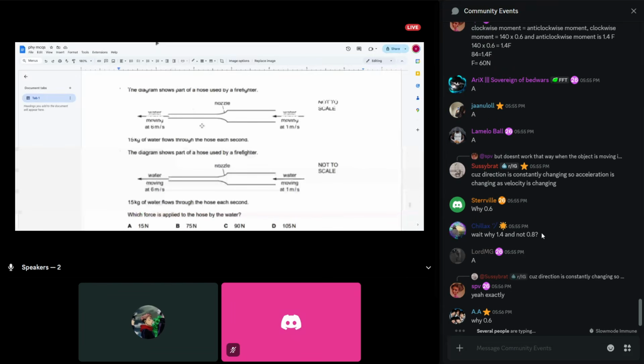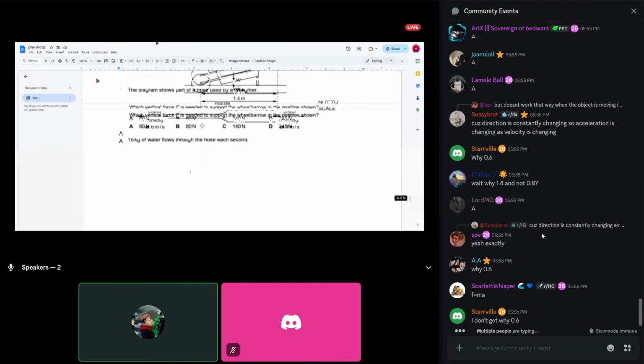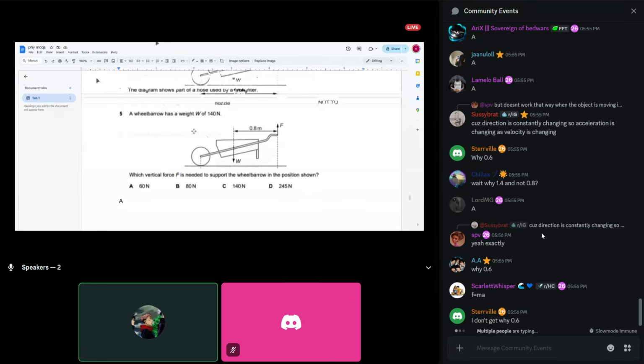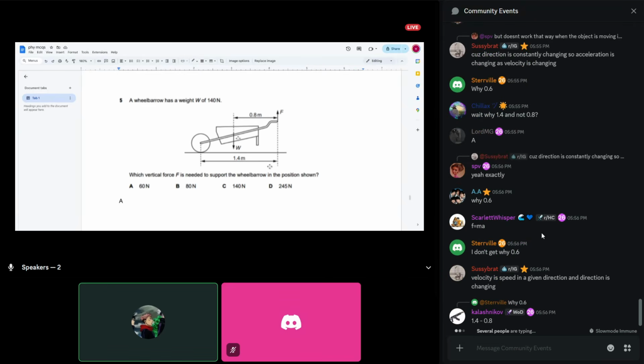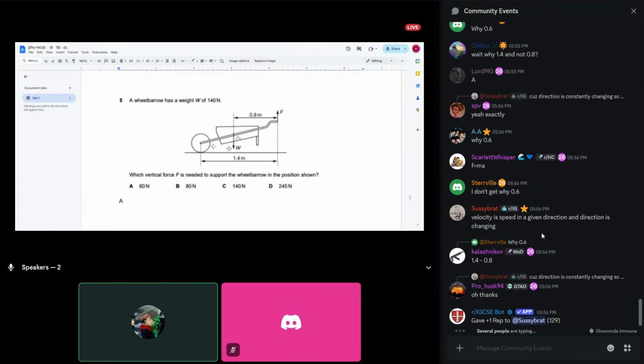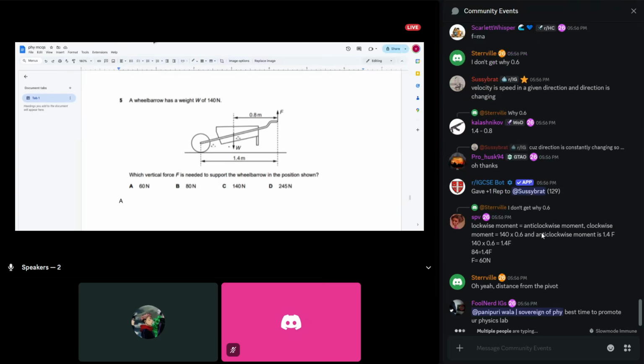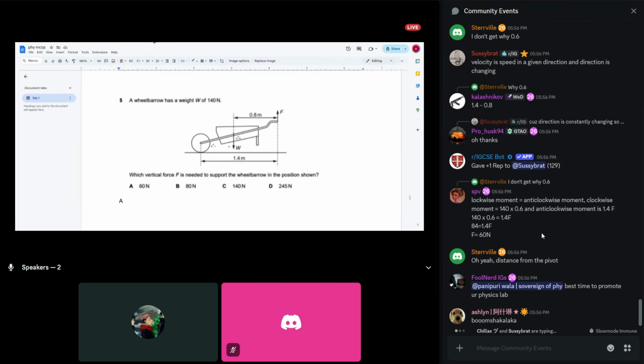Like I said, the pivot is the wheel, not over here. So 1.4 minus 0.8 to get this distance. That's 0.6. Distance from the pivot, exactly.